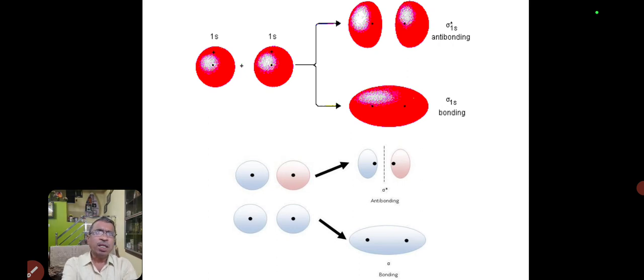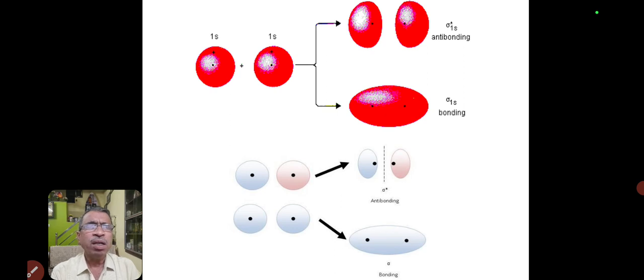Now coming to the shapes of molecular orbitals. We know that s orbitals are spherical in shape, p orbitals are dumbbell in shape, d orbitals are double dumbbell in shape, and f orbitals are complicated in structure.